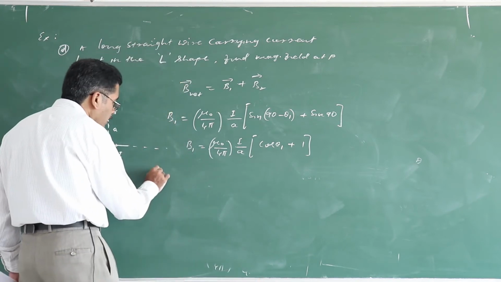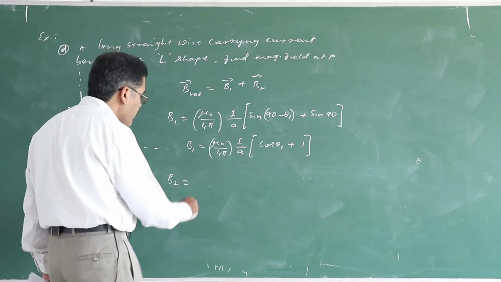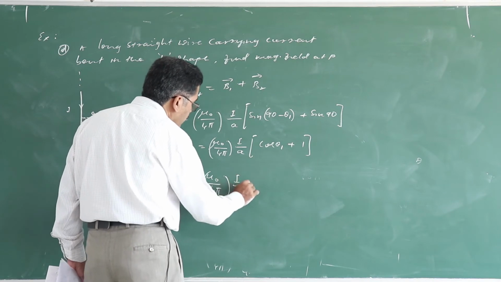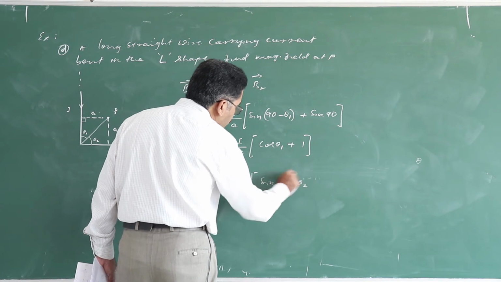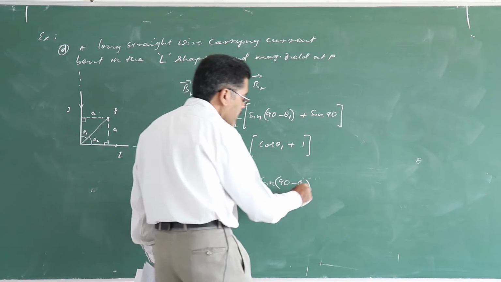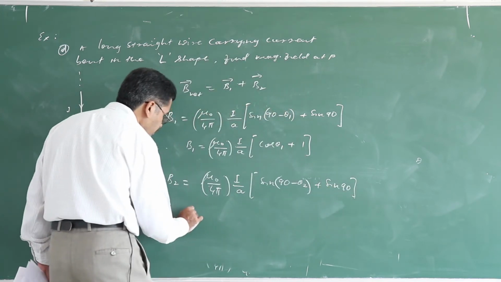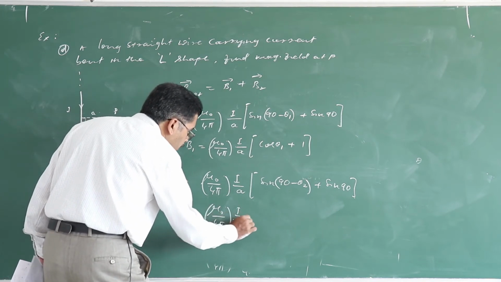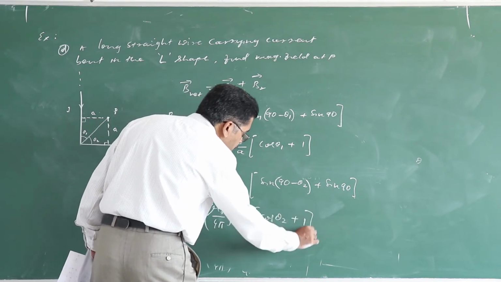And if you take B2, it is given by mu naught by 4 pi I by A sin of 90 minus theta 2, and here the other angle is 90, plus sin 90. So this is also mu naught by 4 pi I by A, cos theta 2 plus 1.